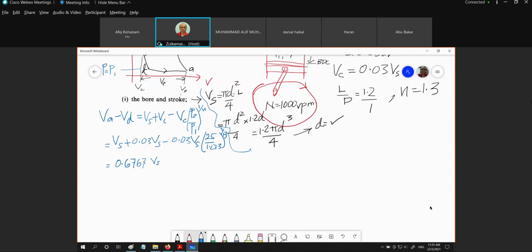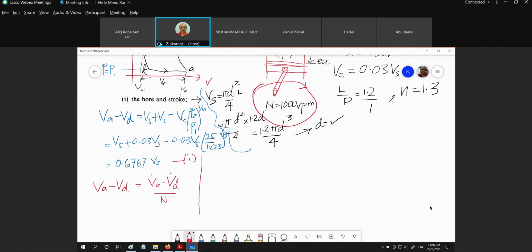So this should be our first equation. And then we need to know what is the VA minus VD itself, which is equal to V dot A minus V dot D divided by the RPM.